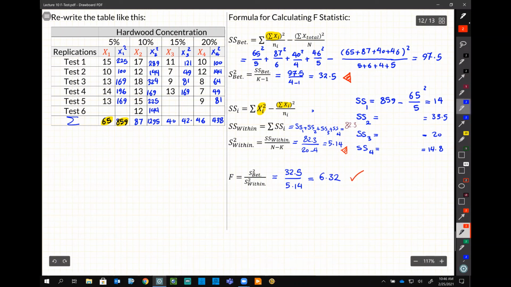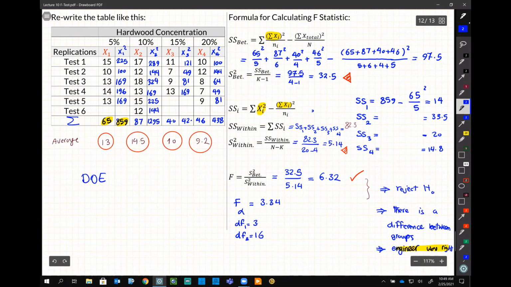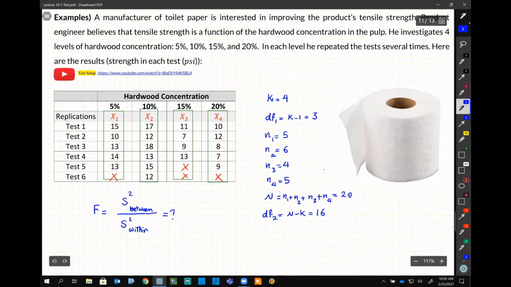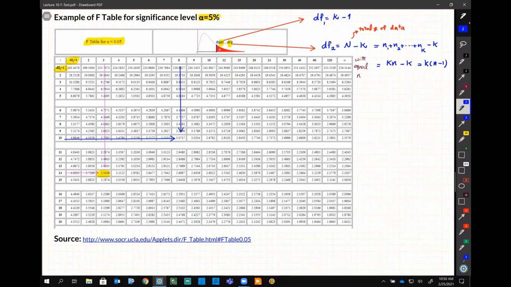Okay, now let's do the last step, finding F alpha. We have DF1 and DF2. DF1 is 3 and DF2 is 16. Sorry for the mistake. So if it is 16, then let's go one more time and we will find F alpha.